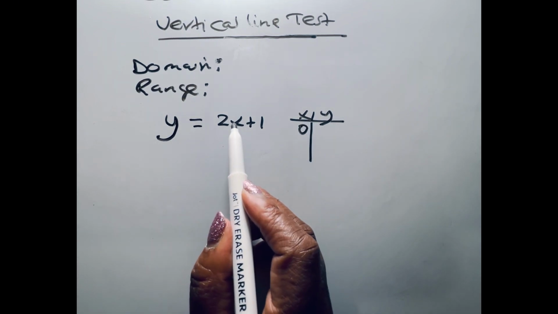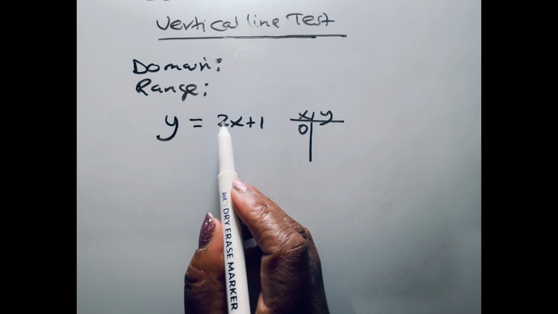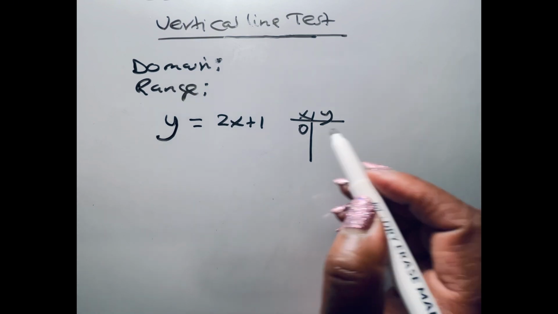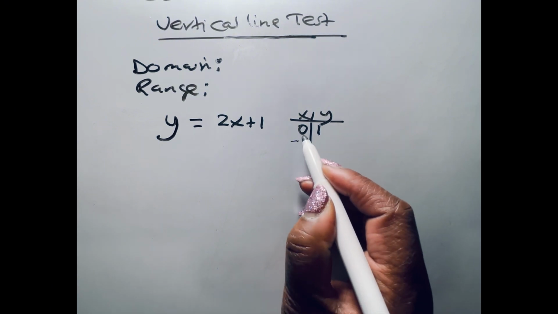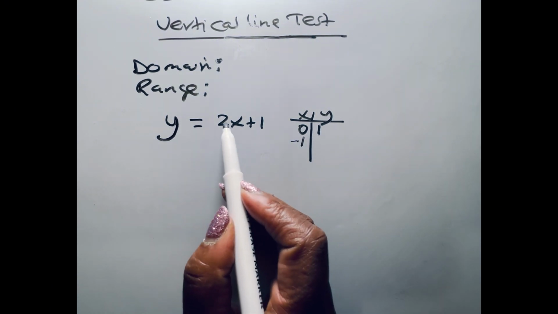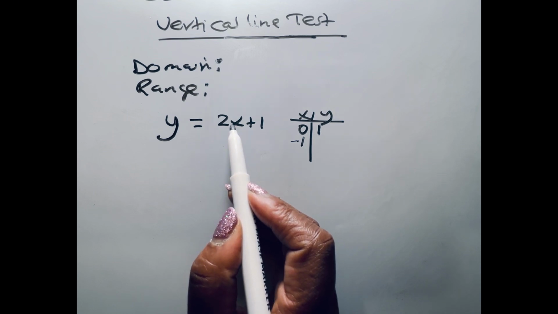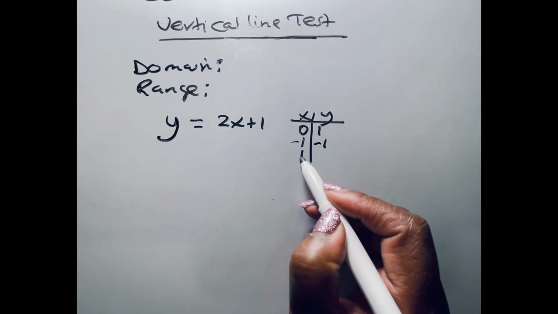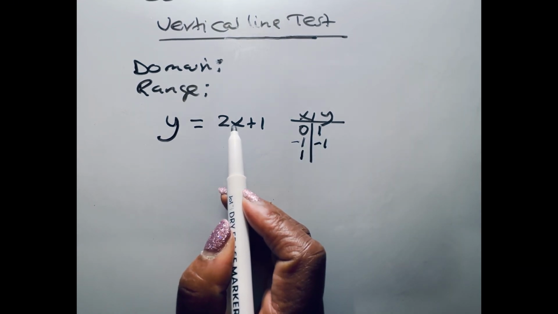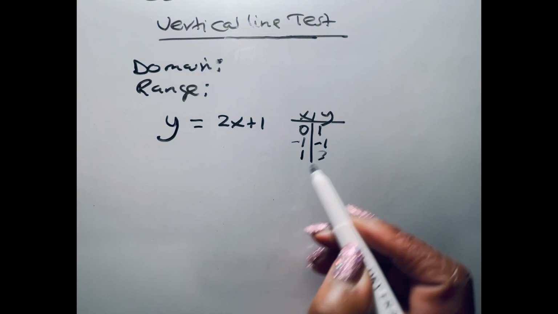If x is 0, then 0 times 2 is 0, and 0 plus 1 is 1. If we make our x -1, we have -1 times 2 is -2, and -2 plus 1 will give us -1. If our x is 1, 2 times 1 is 2, and 2 plus 1 is 3.